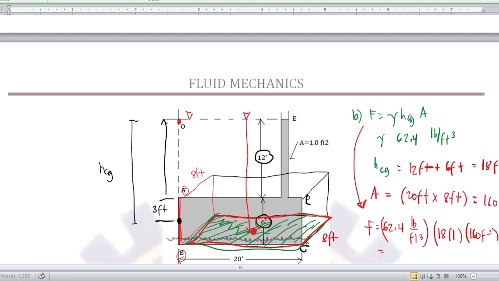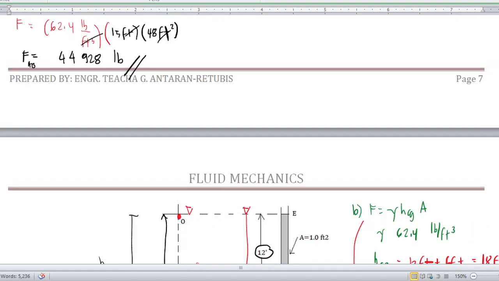And that is how much? 62.4 times 18 times 160. So we have 179,712 pounds. The unit is pound. So the feet units will be cancelled out. So class, that's the solution for example 16.